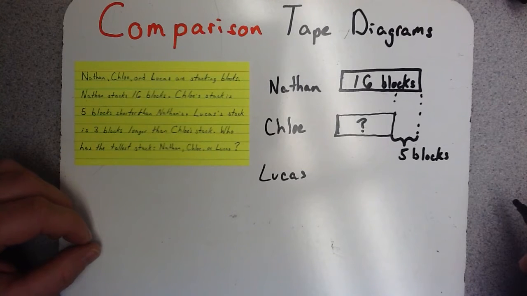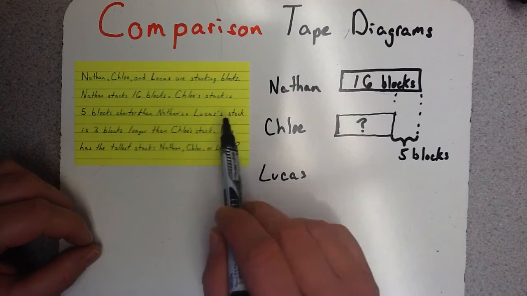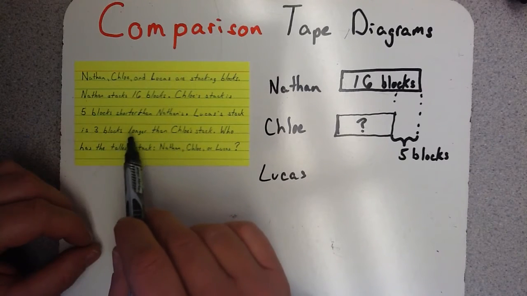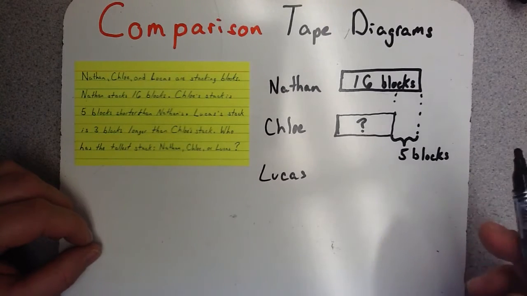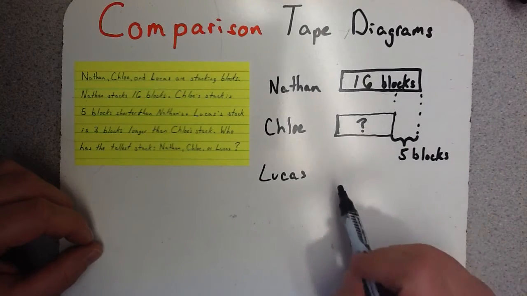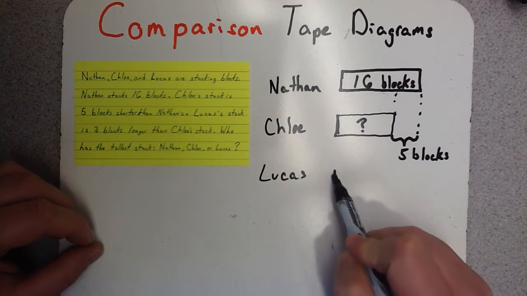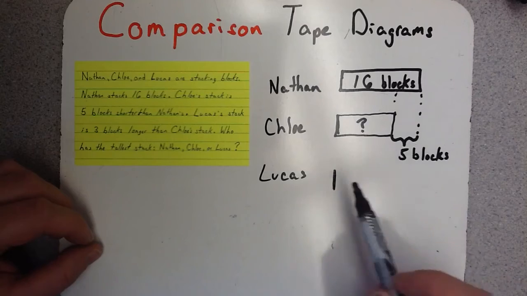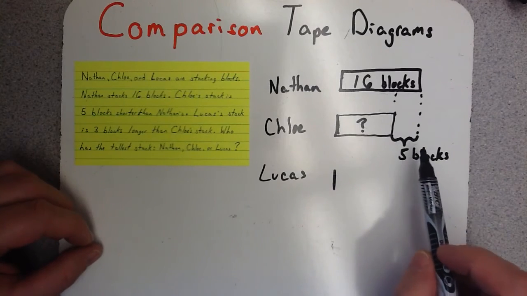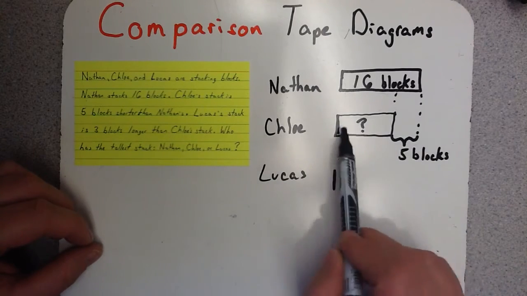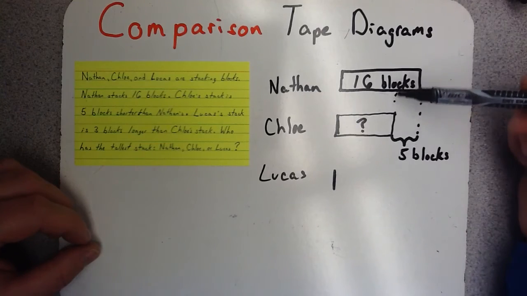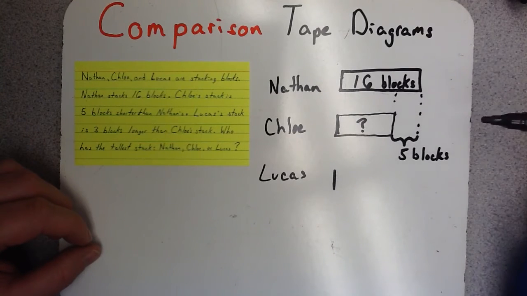Now what do I know about Lucas? Lucas's stack is 3 blocks longer than Chloe's stack. Okay, so let's look at Chloe's. So I know it starts at the same point. Okay, now I know it's 3 blocks longer than Chloe's. Now what I have to decide is, is Lucas longer than Nathan?